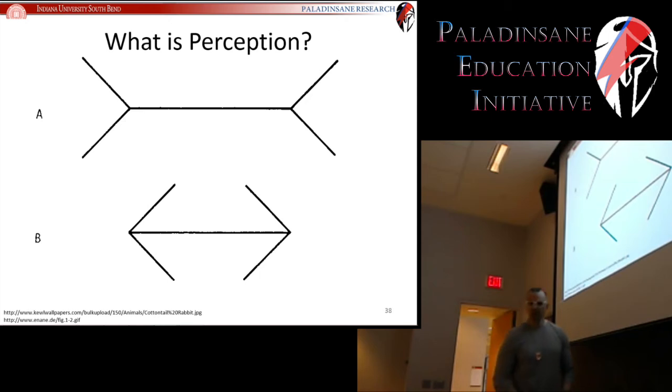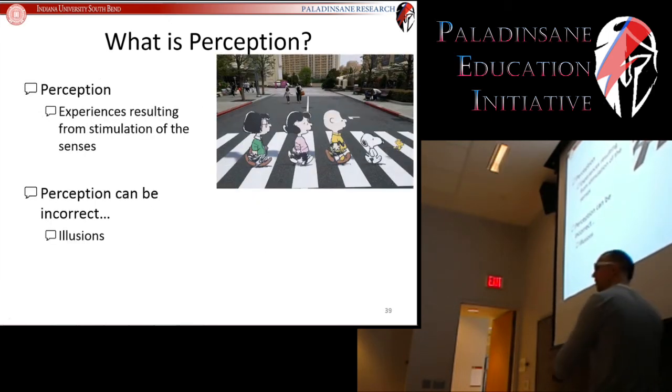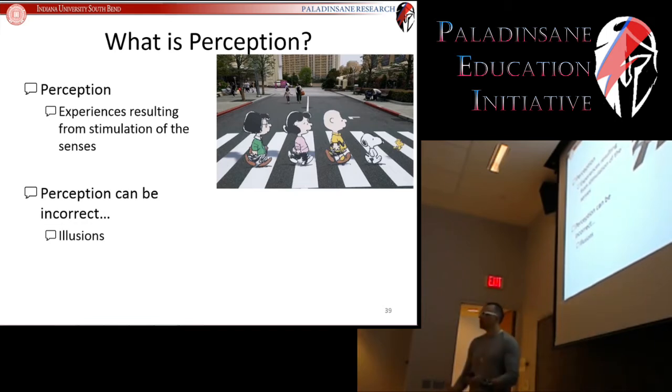So to give you another example where perception is different from the external reality, where our experiences, because that's what perception is, our experiences from stimulation from our senses, we have this anamorphic picture over here. And this is a picture of the Peanuts gang walking across the Abbey Road intersection from the Beatles album. And it looks like cartoon drawings.